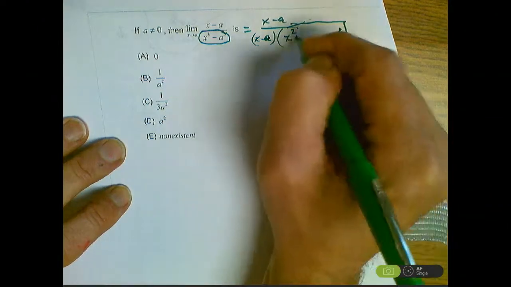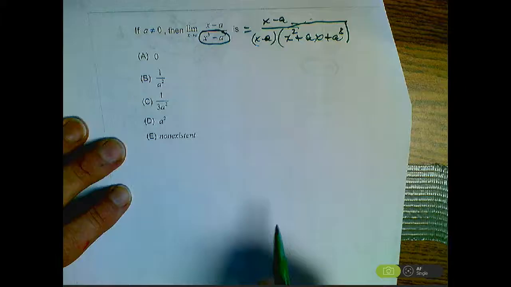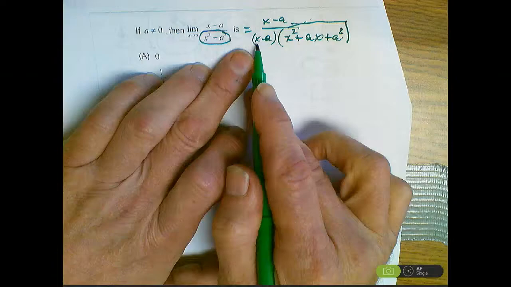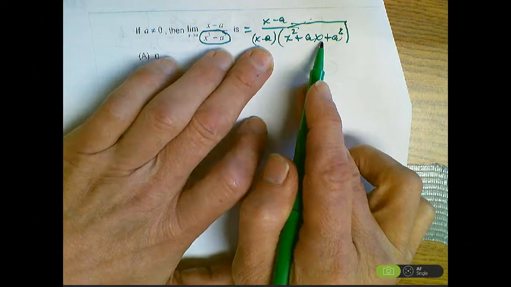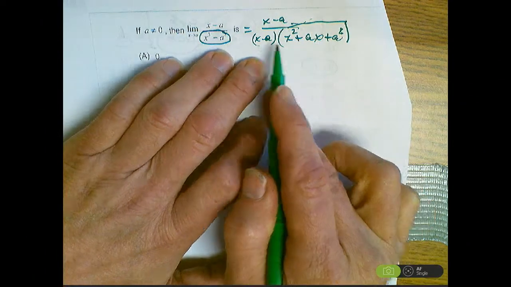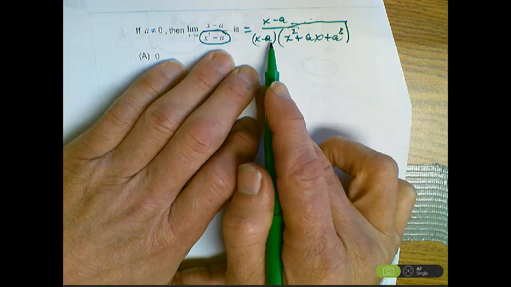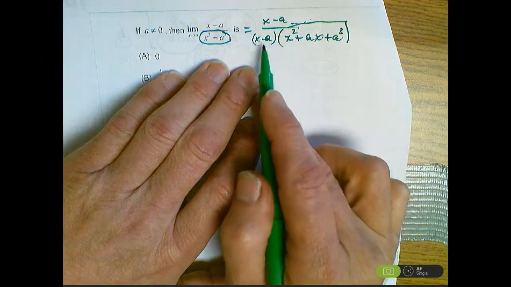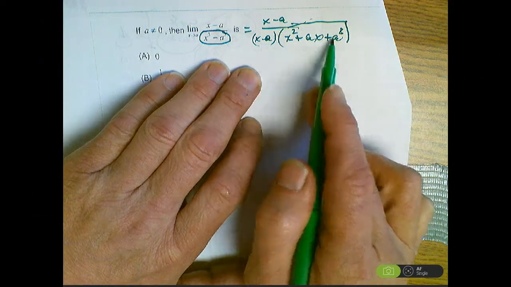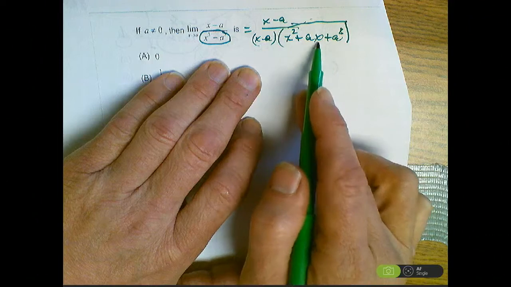So I think it's ax. So I'm going to multiply x times ax, that's positive ax squared. And then if I multiply here, negative a, let's see, what do I do? X times all those, yeah. And then negative a will be the opposite of that.